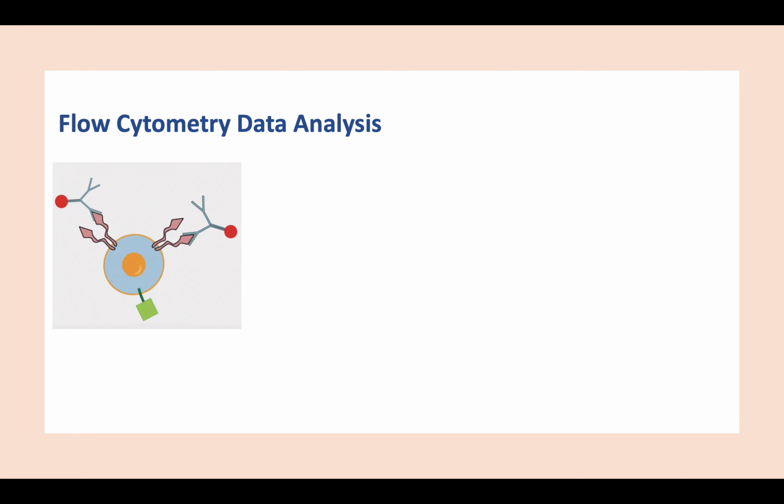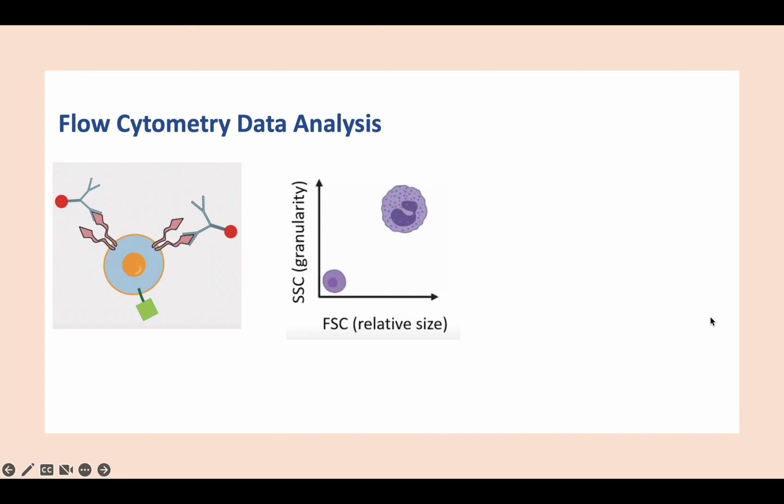The first thing that we can do in our analysis is plot forward scatter versus side scatter. Again, like we talked about earlier, the large granular cell will end up in the top right quadrant, whereas the small cell debris would end up at the bottom left corner, right?